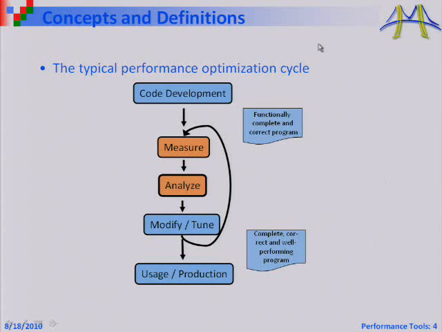And then you go back and test what kind of impact the modifications had. And in the end, you hopefully still have a complete, functionally correct, and well-performing program, which you can then use in production.